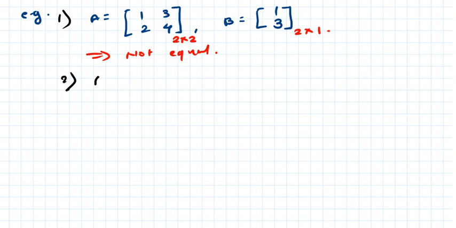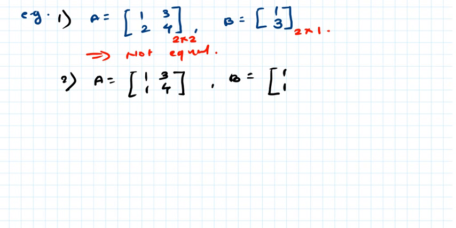Second example, suppose I take the example like this: 1 1 3 4. And the matrix B is suppose 1 1 1 4. Now again if you observe, the order of this matrix is 2 by 2 and the order of this matrix is 2 by 2, so the orders are same, but orders being same does not mean they are equal.